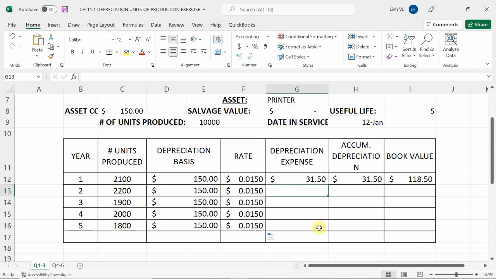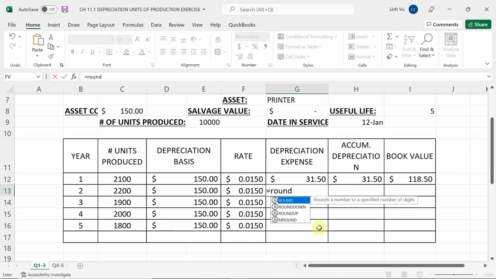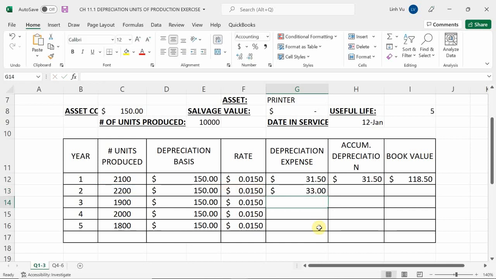So now for my second year, I produced 2,200 units. So in this case, what's my depreciation expense going to be for year 2? $33.